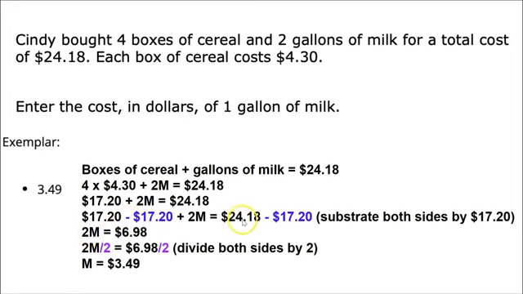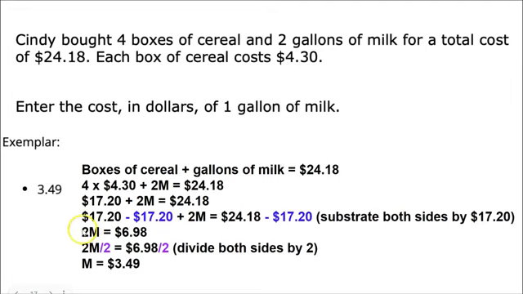And then we have $24.18 minus $17.20, which equals $6.98. From there, we still have a number that is in front of the variable m. And so we have to do the reciprocal.